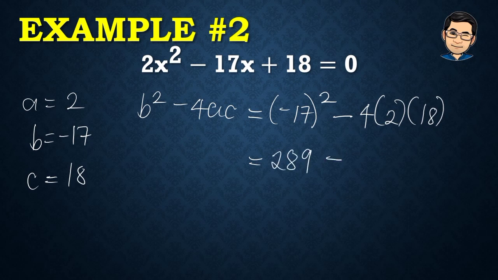Then, minus 4 times 2, 8. And then, times 18, that is 144. And then, we subtract 289 minus 144, that is 145. Again, yung nakuha nating discriminant is positive, however, this is not a perfect square.